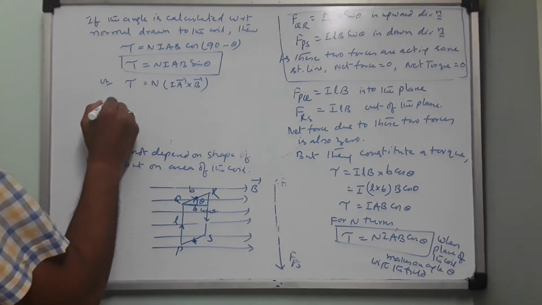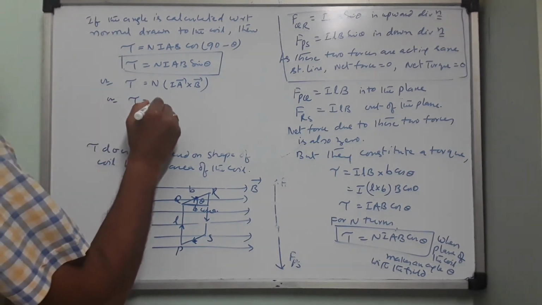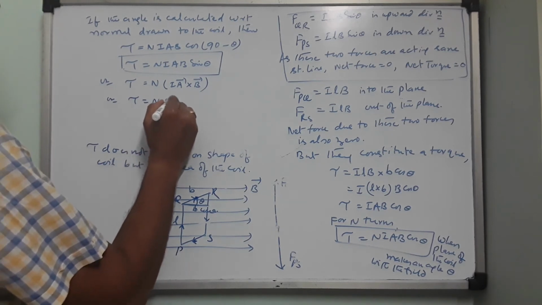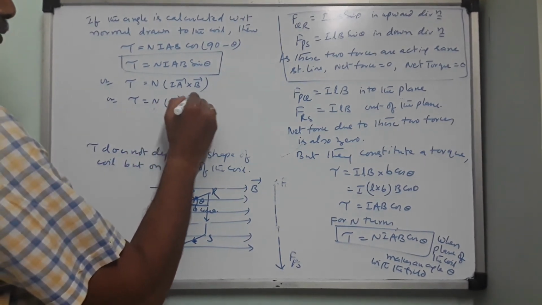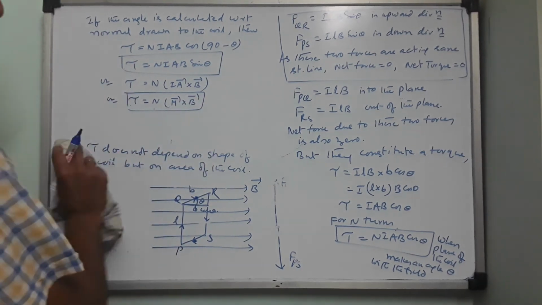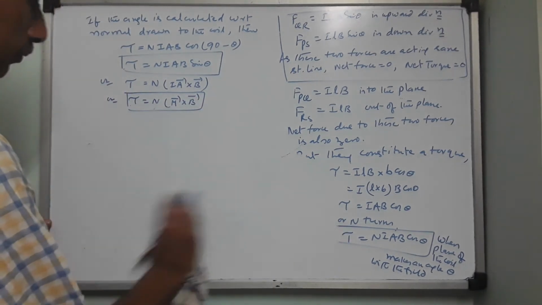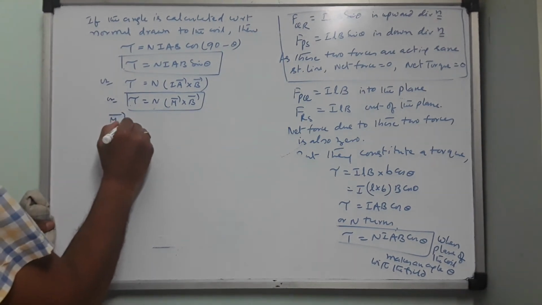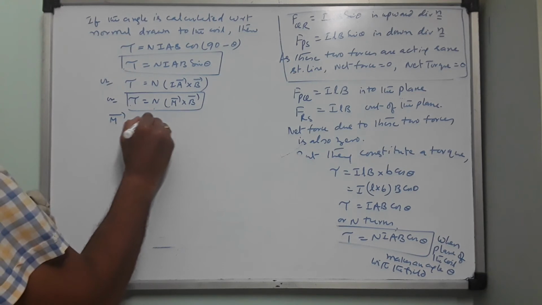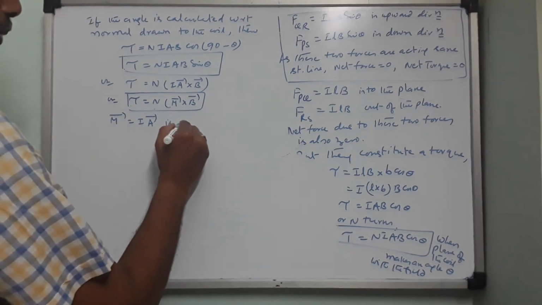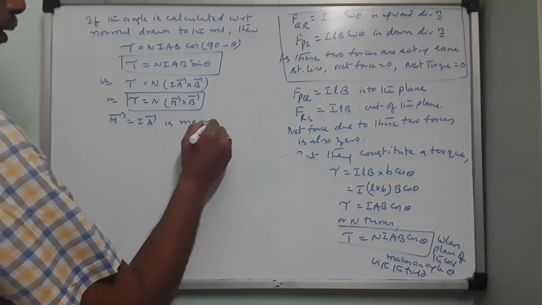Or this will be written as tau equals N into M cross B, where M equals I into A is the magnetic dipole moment.